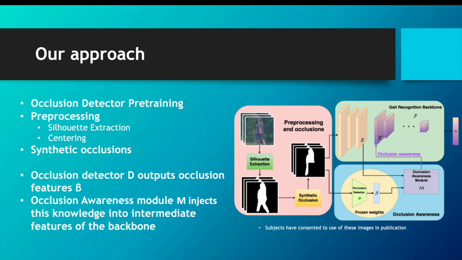One of the intermediate features of the backbone, let's say X, is taken and it's combined with the occlusion features beta in the occlusion awareness module, which outputs an occlusion aware version of X, say X prime. When we insert X prime back into the backbone, the subsequent layers of the backbone and finally the gait signature also become occlusion aware. Occlusion awareness is visualized here by the color purple. So the occlusion awareness module M inserts occlusion awareness into the backbone.